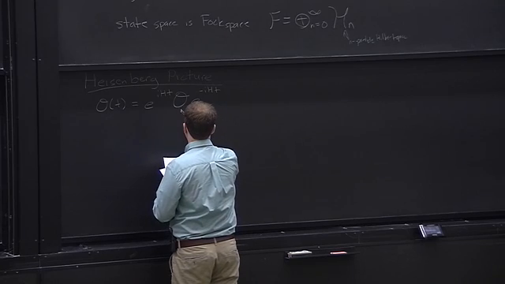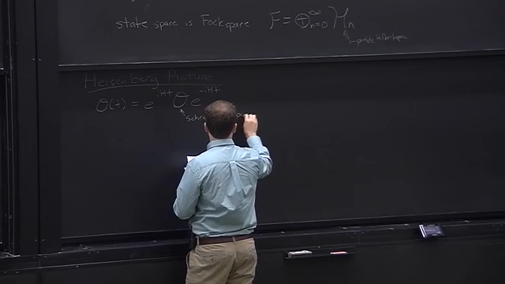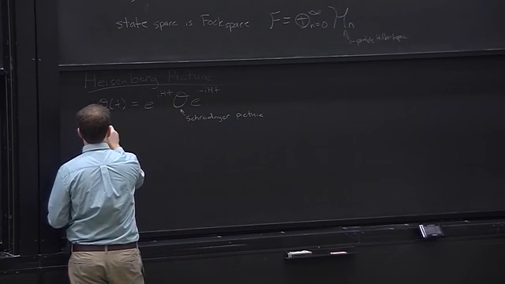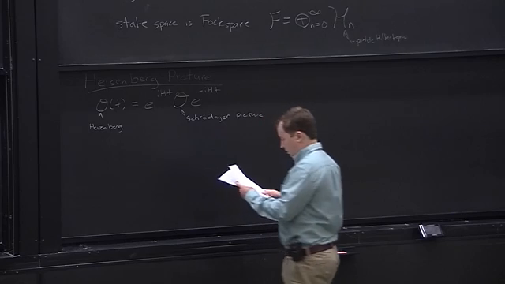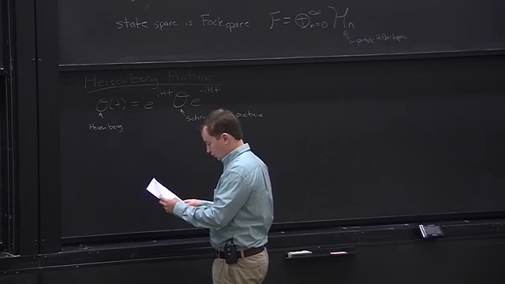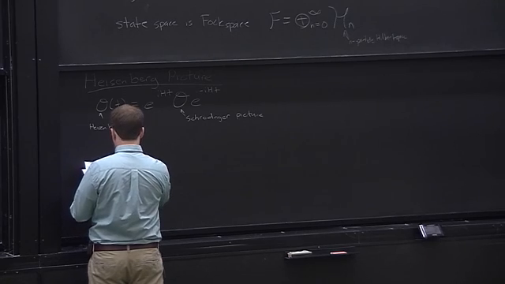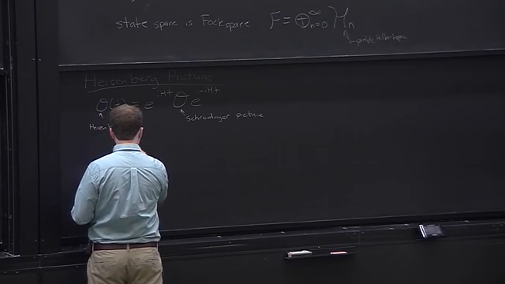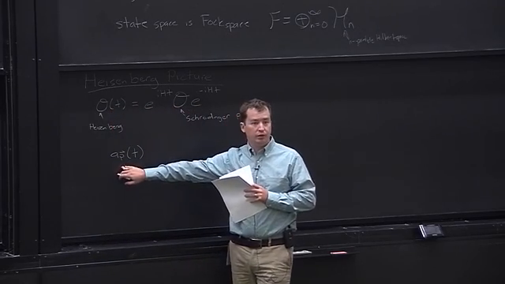This is the Schrodinger picture operator, and this is the Heisenberg picture operator. What we're interested in is computing the time dependence of our creation and annihilation operators and also our field operators.